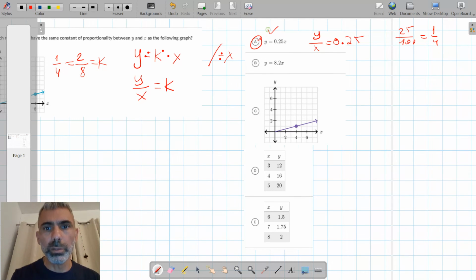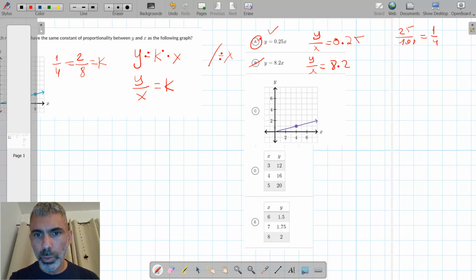So option A is good. B: y equals 8.2x. Here y divided by x equals 8.2, so B is incorrect.